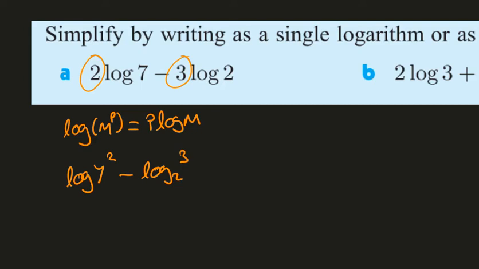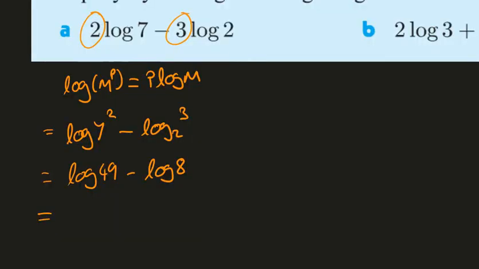We can bring the power up. And so what we've got then is log 49 minus log of 8. 7 squared is 49. 2 cubed is going to give us 8. So bringing these together using the second law, because of that minus sign, we'll have log of 49 over 8.